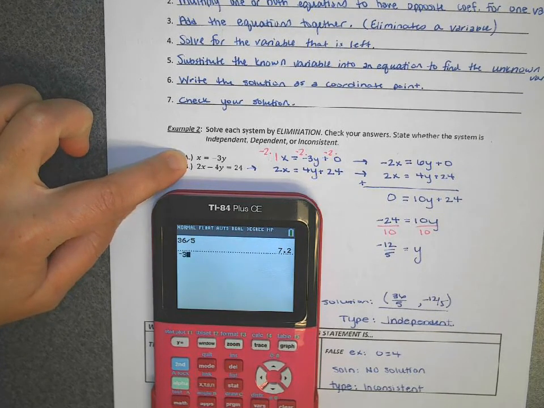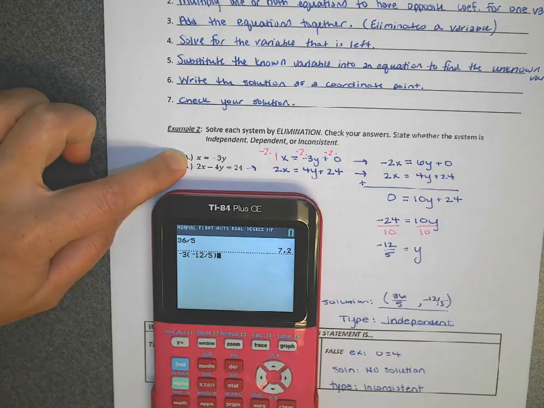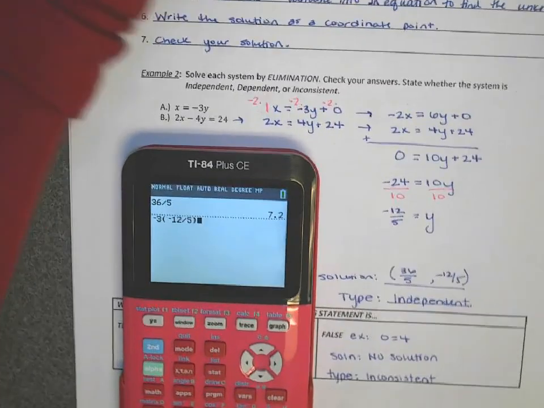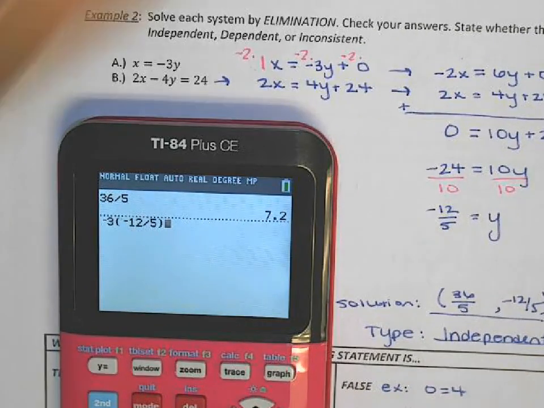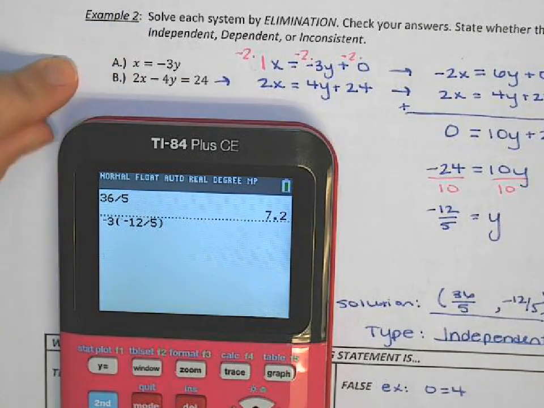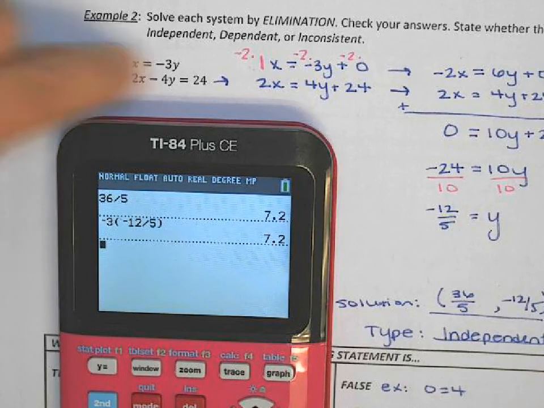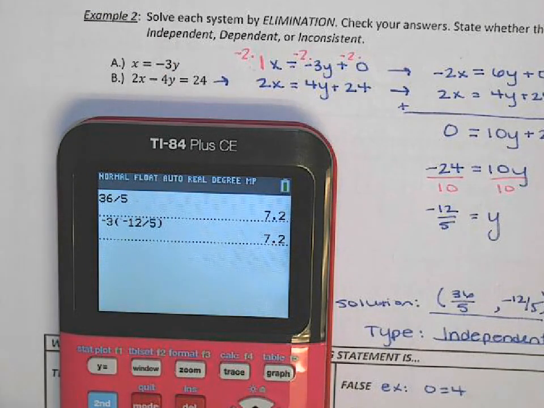Equals negative 3 times the y value, which was negative 12 fifths. Notice all I am doing is plugging in. I plugged it on the left side and I plugged it on the right side. If they're both 7.2, does 7.2 equal 7.2? Yes, it does. So it works for equation A.